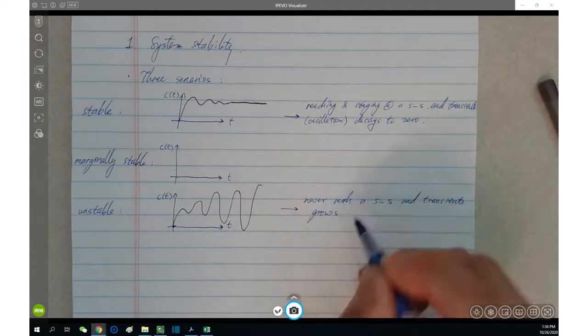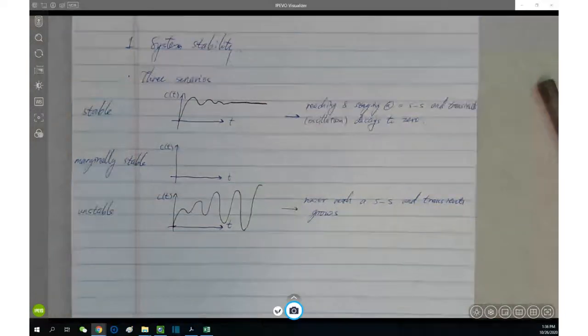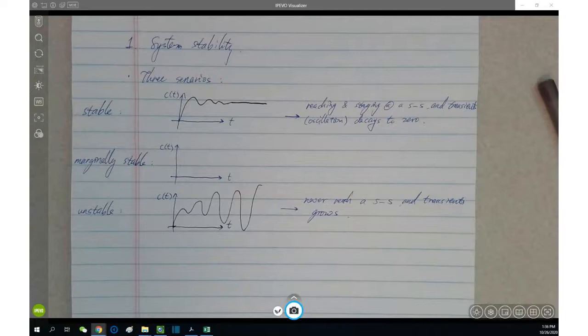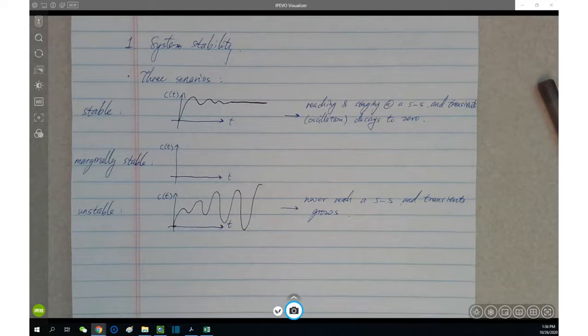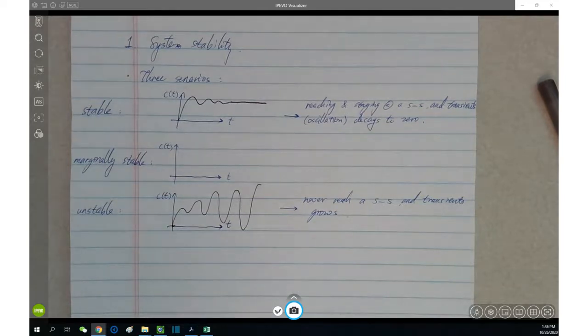It's growth. It's not decaying. It's growing. It's unstable. You want to avoid such a scenario at all cost, right? Like we just said, it is the first priority concern. Stability. If it is unstable, then it's meaningless to study anything else.